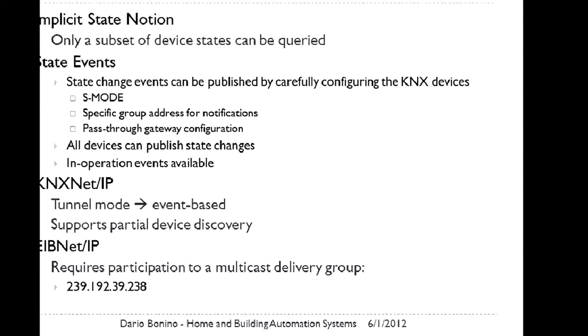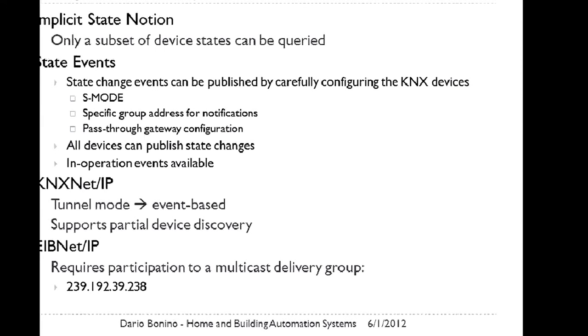In the KNX net IP connection, which is the one that we want to use if we want to interface the system with the computer, we have two connections mode. Actually, there are maybe three, but two are the main. But we use only one, which is the tunnel mode. Why?